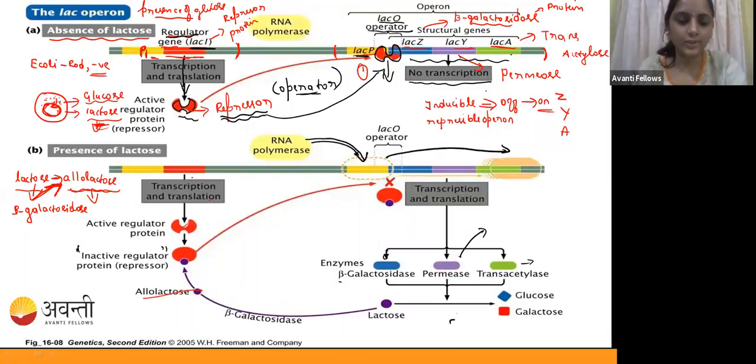That is why transcription is inhibited in the absence of lactose or presence of glucose. Now we will see, guys, what happens when glucose is not present and lactose is present. Observe here what will happen now. Here glucose is absent.